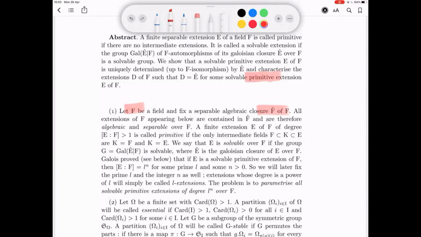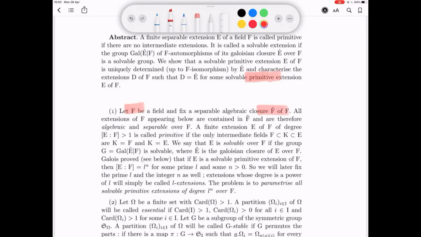All our extensions of F will be inside this F tilde, which is to say that they are not only going to be algebraic, but also separable over F. So all extensions of F appearing below will be contained in F tilde.